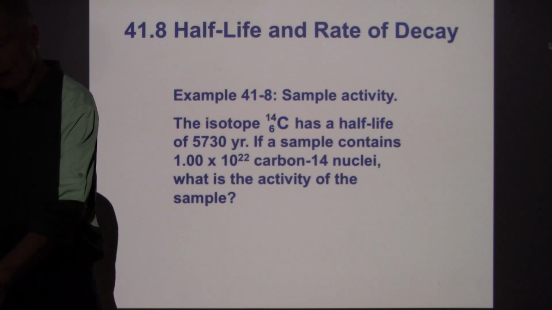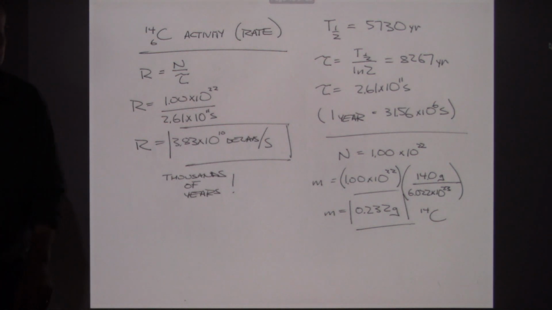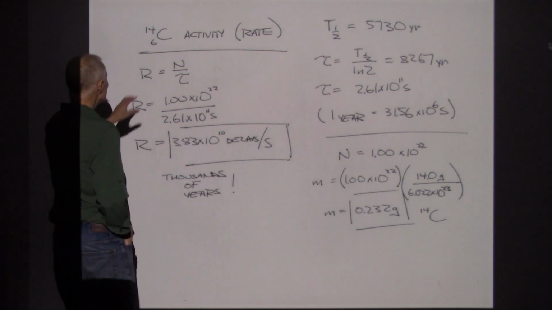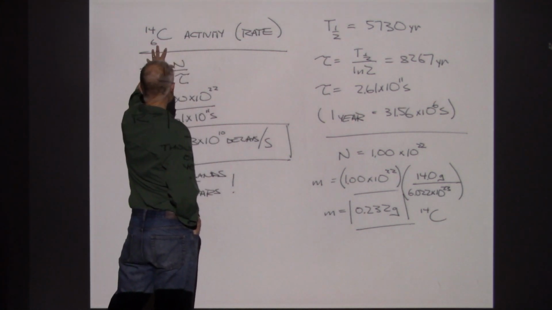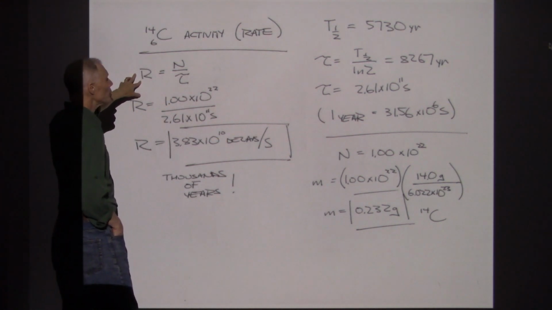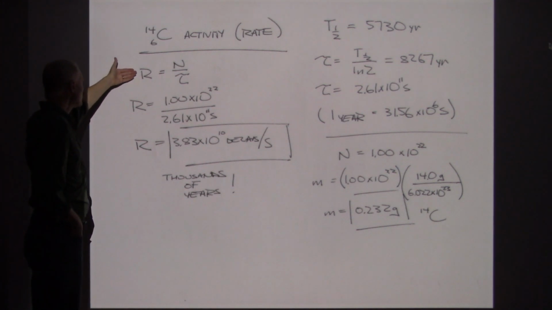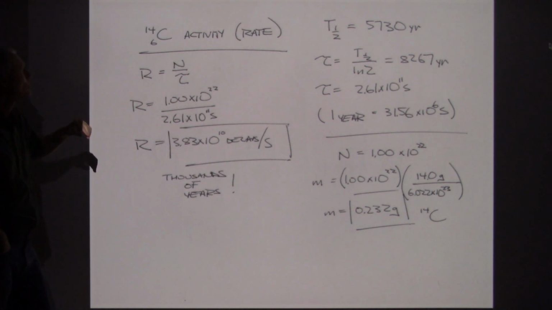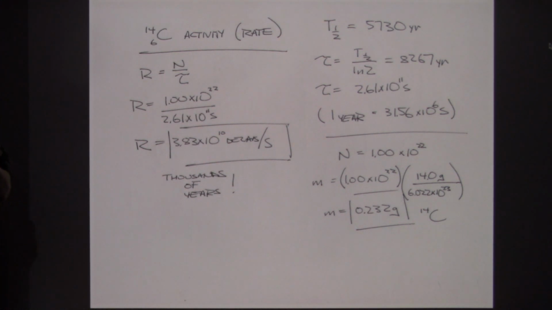So let's look at an example. This is carbon-14. What is the activity of a sample of carbon-14? I'm going to use the notation of capital R, where R is the number of decays per second.